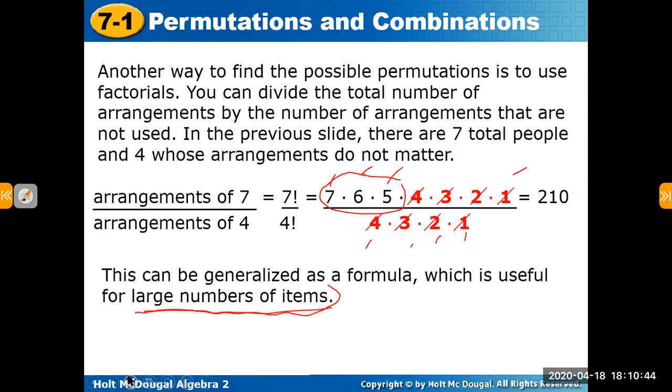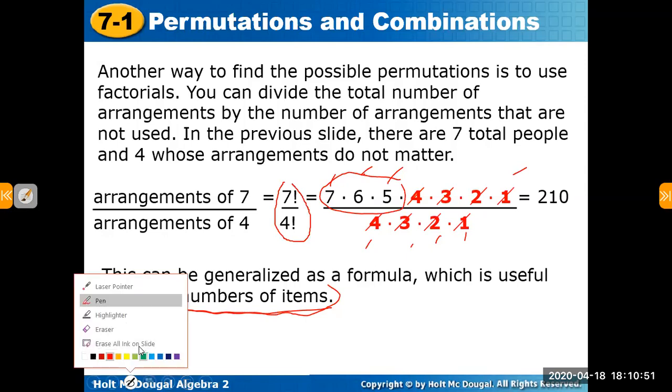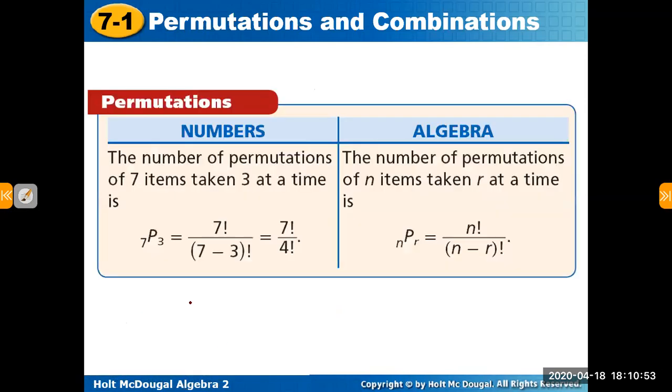So let's generalize this into a formula. The number of permutations of 7 items that we just saw, taken 3 at a time, we write as 7P3. How many items are there? How many items are we choosing?